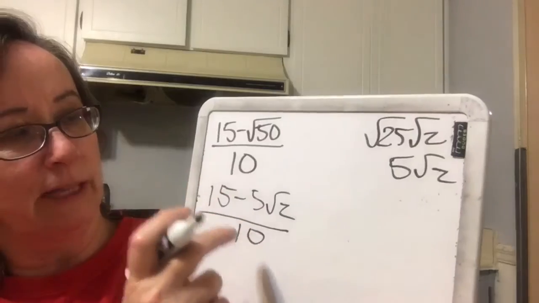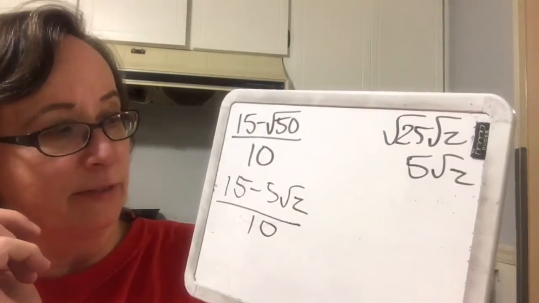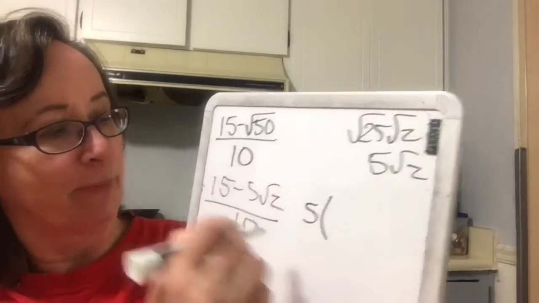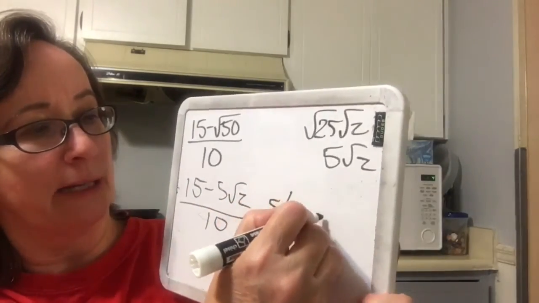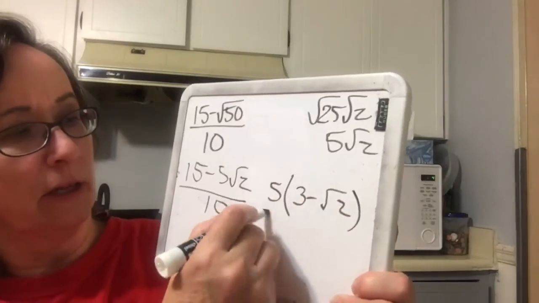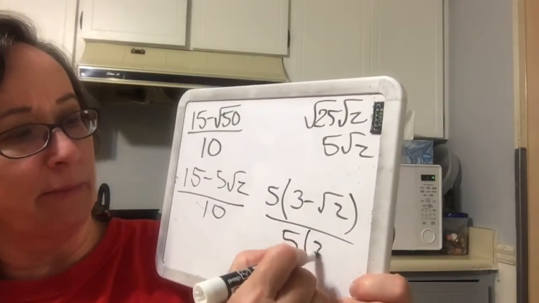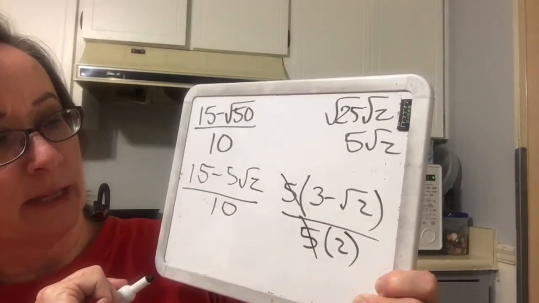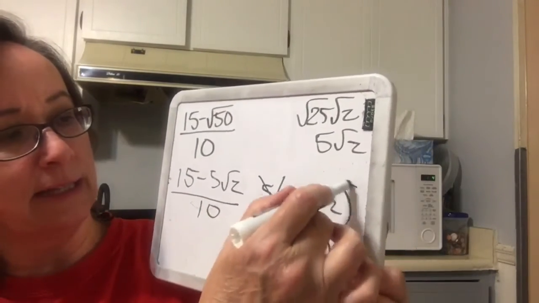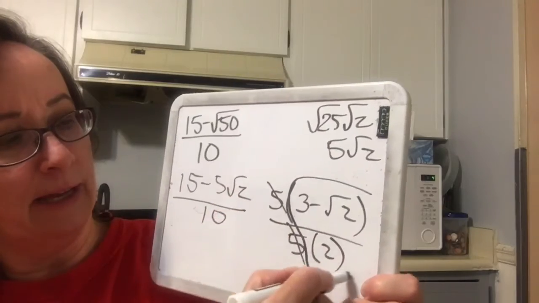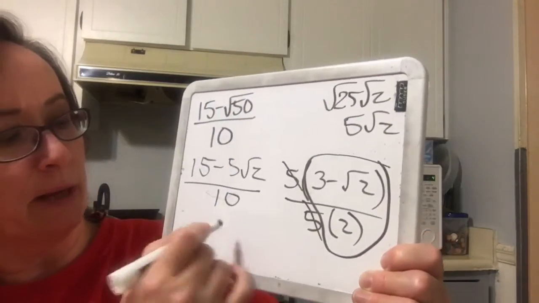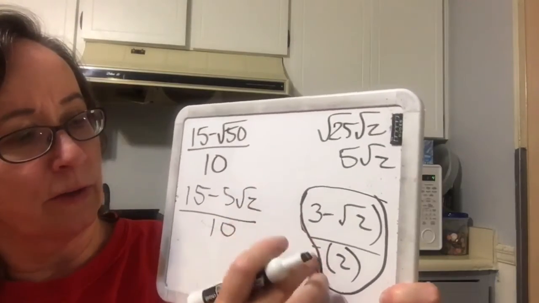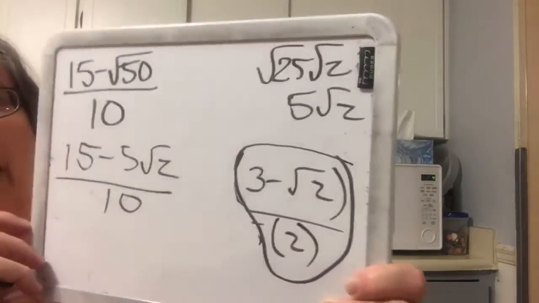Now notice that everything will divide by a 5. So we're going to factor a 5 out of the numerator and get 3 minus square root of 2 left over. We're going to factor a 5 out of the denominator and get a 2 left over. These will cancel. So now we have our leftover 3 minus the square root of 2 over 2.